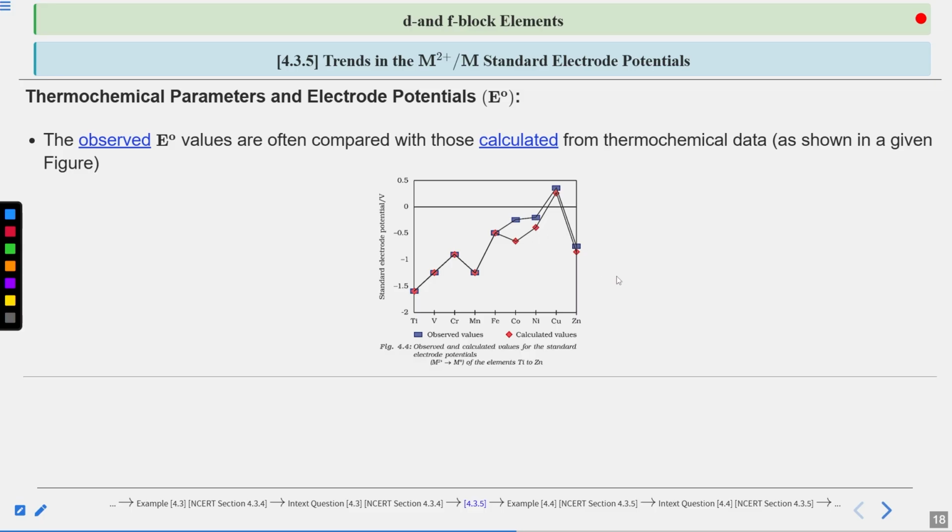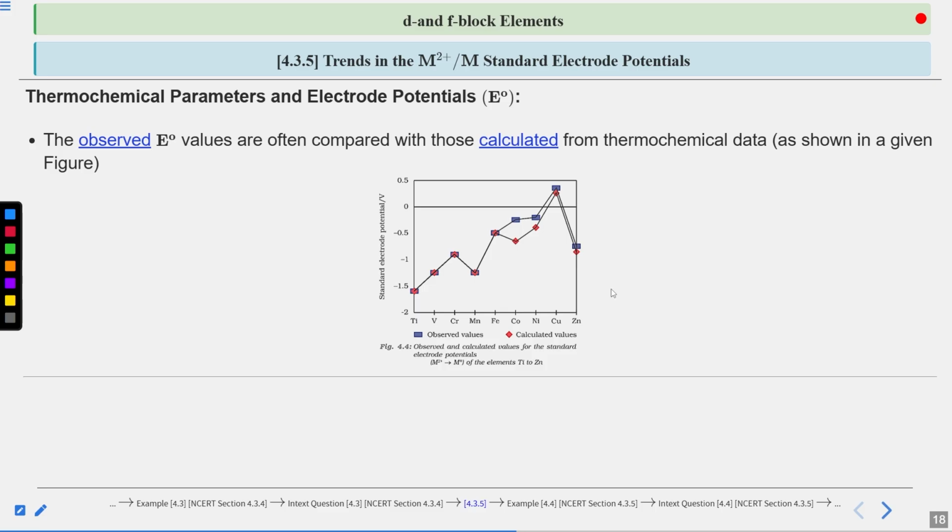Because if you look at the hydration enthalpy for these elements, the hydration enthalpy is more negative for these elements, which is why there is an unexpected decrease in the standard electrode potential value in nickel and also zinc.